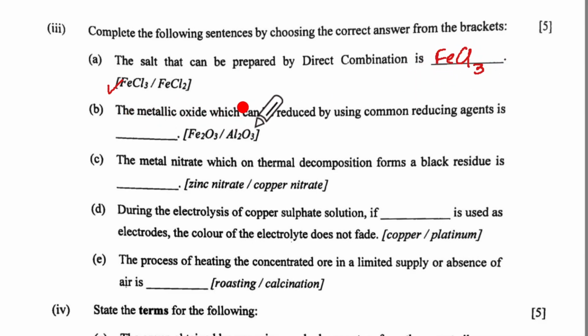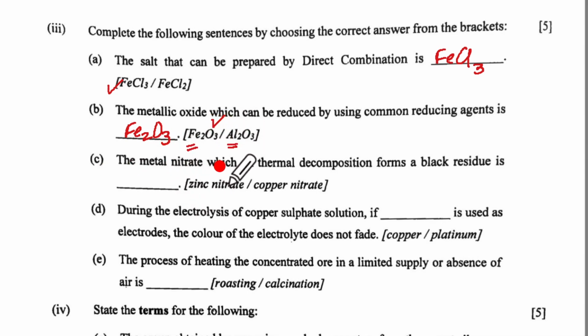The metallic oxide that can be reduced by using common reducing agent will not be on top of the activity series. Metal activity series will have aluminium on top of iron. So aluminium will not be extracted by reducing agent but by electrolytic reduction. It will be Fe2O3.